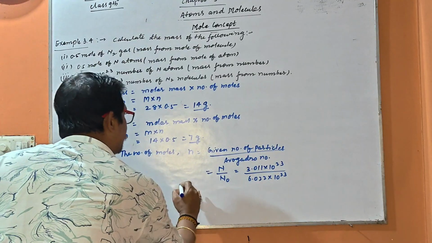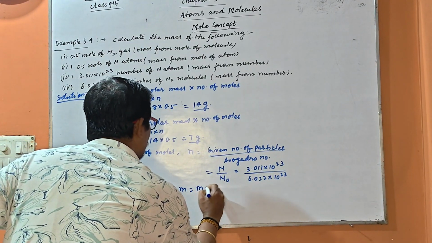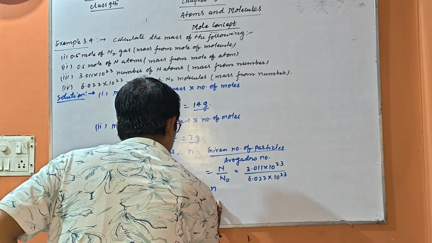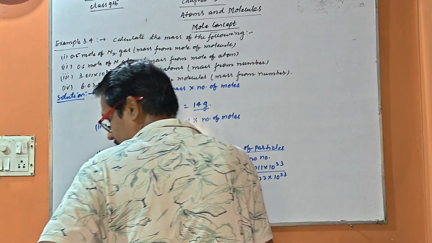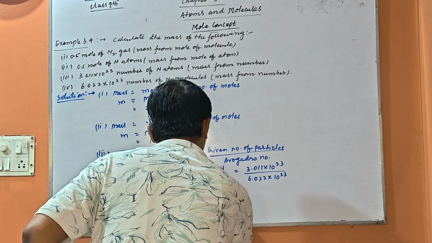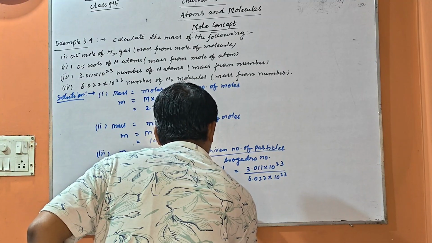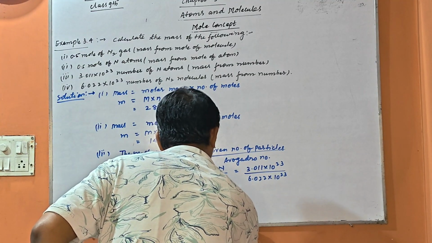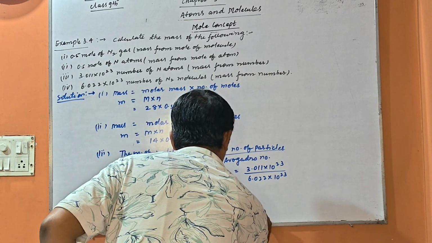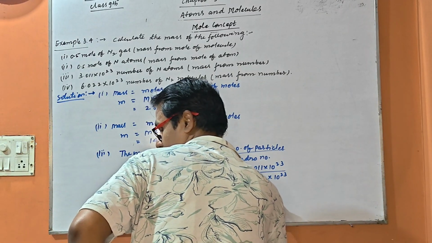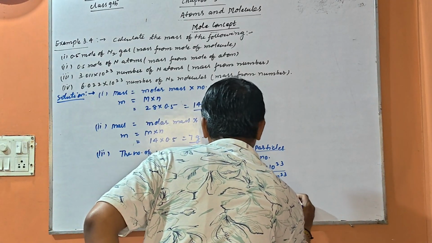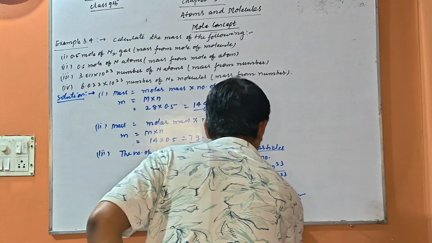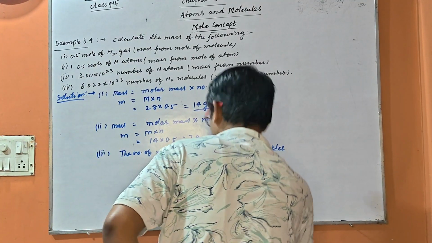Therefore, m is equal to M into n, which is 14 into 0.5. The answer for moles is 0.5. That's why the answer is 7 gram for this also.